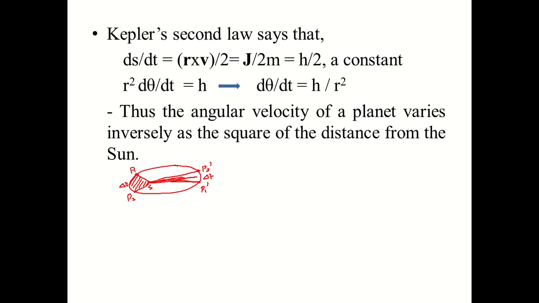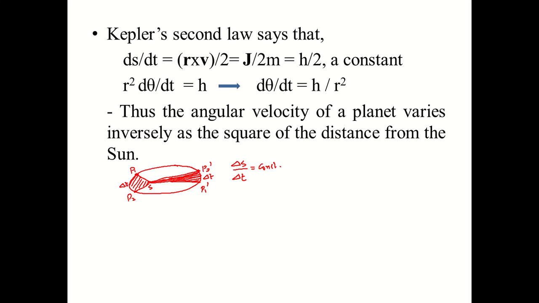Now this shaded area represents the area swept out by the radius vector in the time interval delta t. Now if you consider these areas, according to the second law of planetary motion, these two areas are equal. That means if you consider delta S as the area, then delta S is a constant, or we can say that delta S by delta t is equal to a constant.